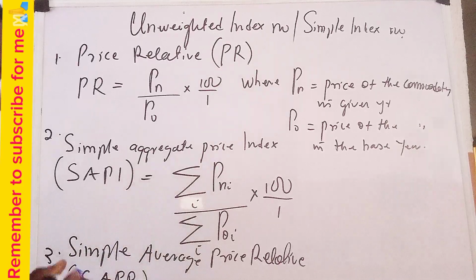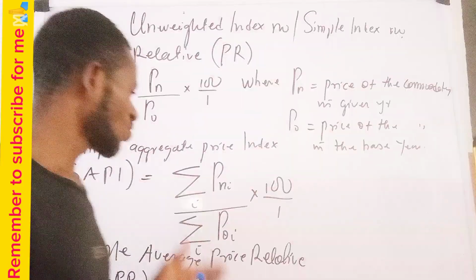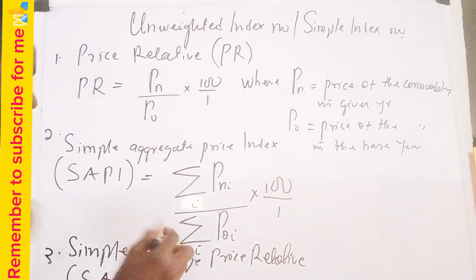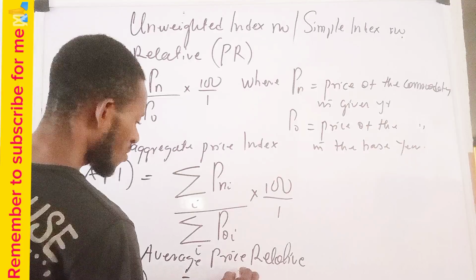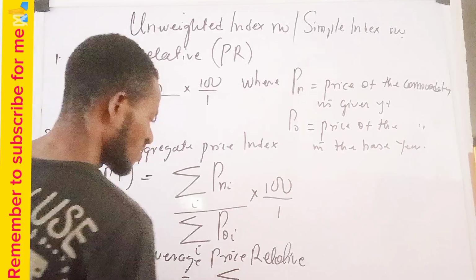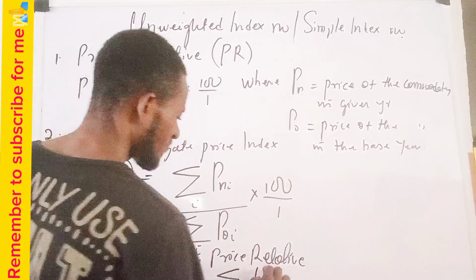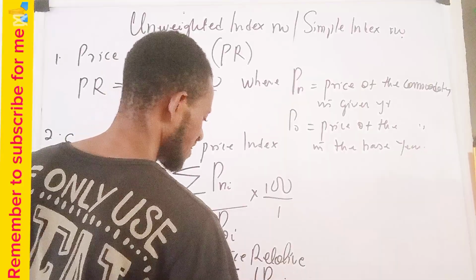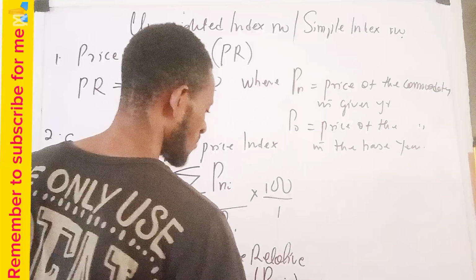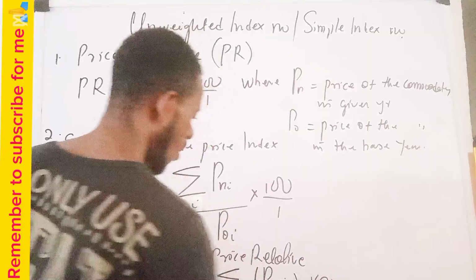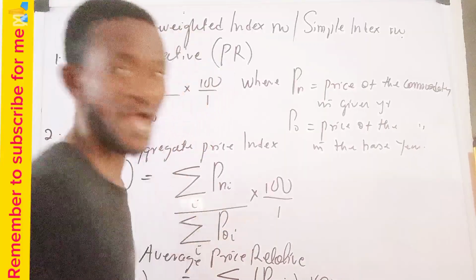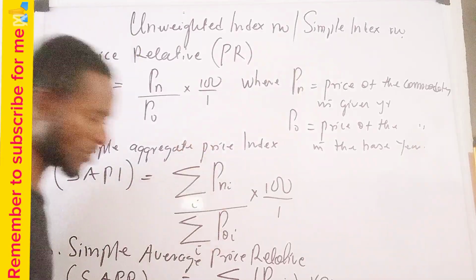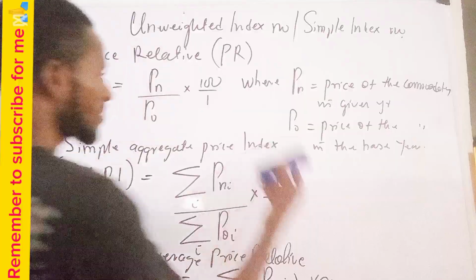That's the only difference. So the question becomes, how do we express this mathematically like we did in the first one? It is given as the sum, open a bracket, P_ni all over P_0i, close the bracket, multiply by 100, all over capital N. Let me call up the formula here because it seems you are not seeing the board from there.